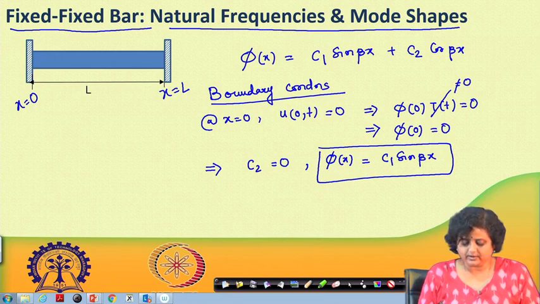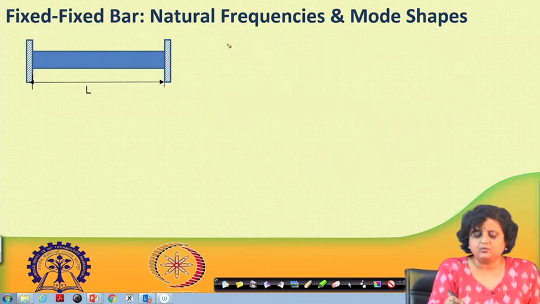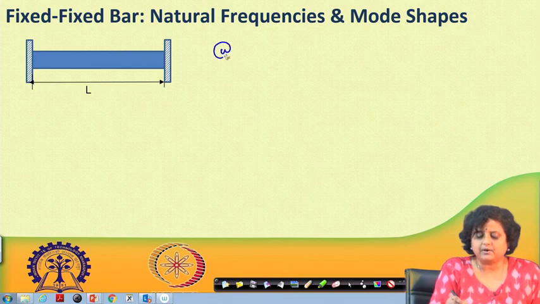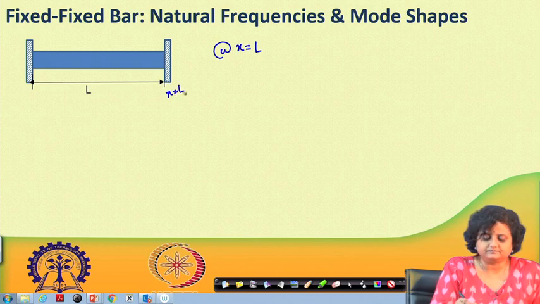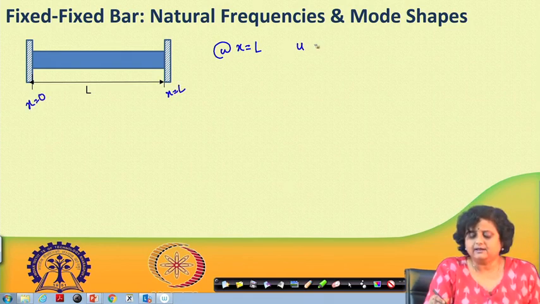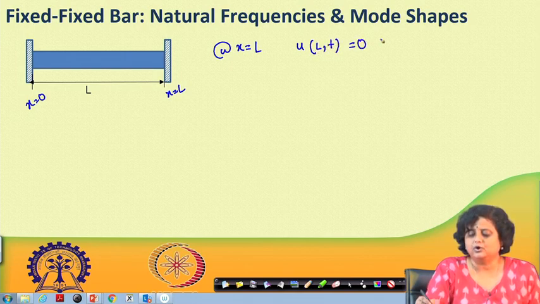What we are going to do next is impose the second boundary condition, that at x equal to L we have again u of L comma t is equal to 0, which gives us phi L is equal to 0.